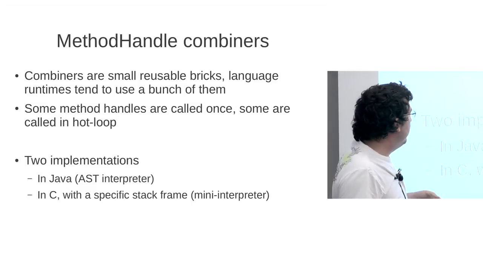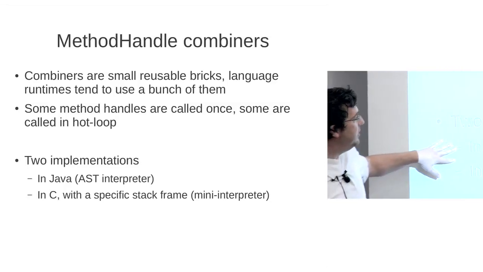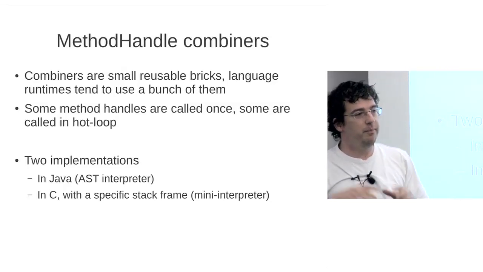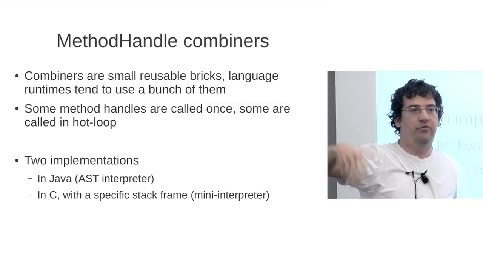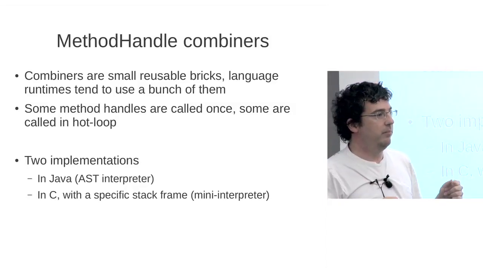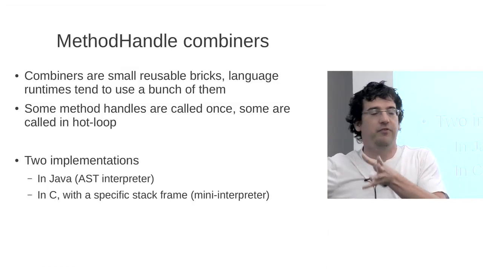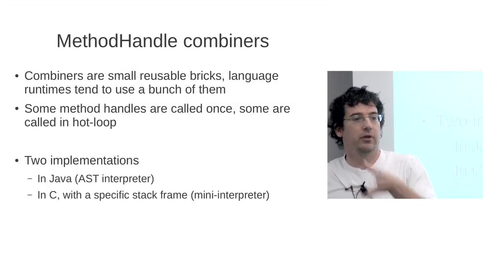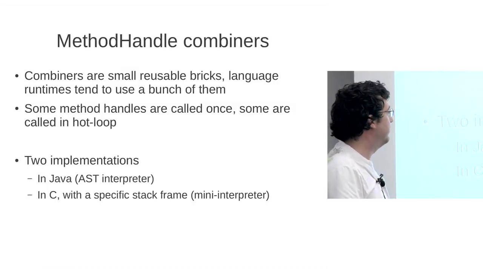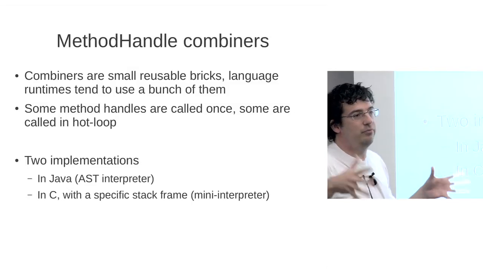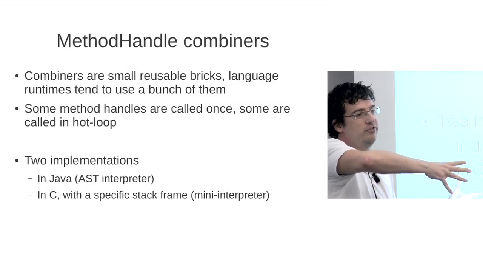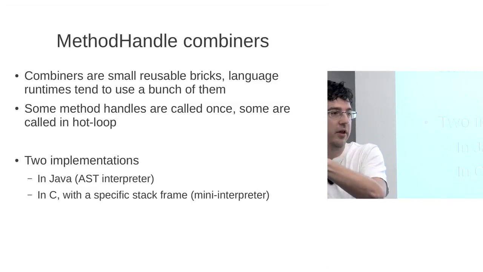So first we will implement what we call the EST interpreter, which is basically just for each method handle, there is a specific method that will be called, and really we will go from the C interpreter to a Java interpreter.